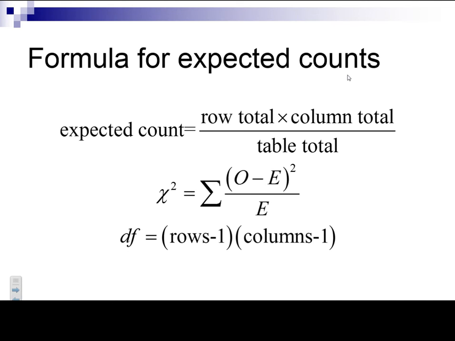There's always a degree of freedom for each variable, and you'll notice that in just about all statistics. In this case, how many rows? There were 3 rows, because there were 3 treatments. So 3 minus 1 would give me 2. And there were 2 columns, the relapse and the non-relapse. So we would have 2 degrees of freedom for that problem.